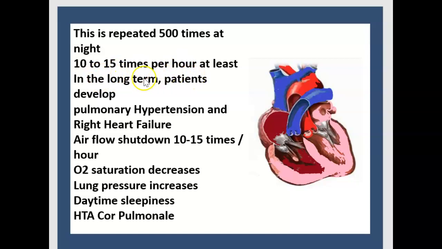Consequently, in the long term, patients develop pulmonary hypertension and right heart failure. Airflow shuts down 10 to 15 times per hour, oxygen saturation decreases, lung pressure increases, leading to daytime sleepiness and hypertension, cor pulmonale.